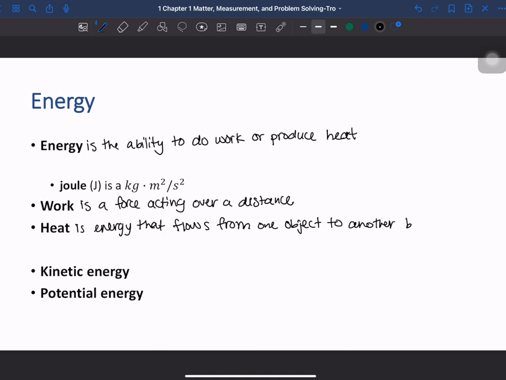And this happens because of a temperature difference between two objects or substances.